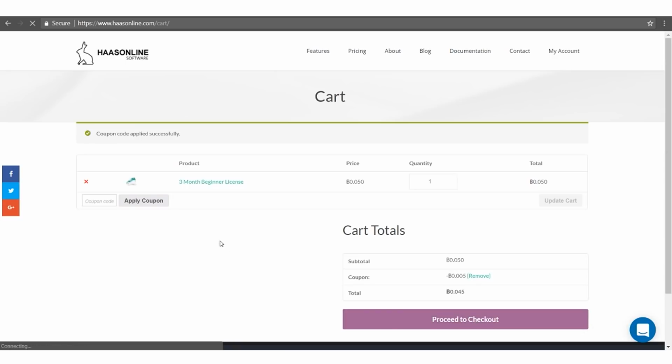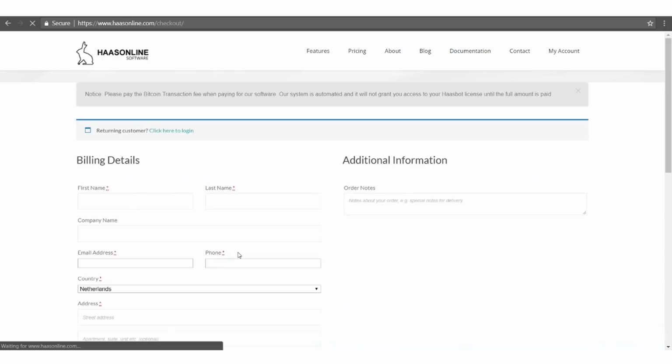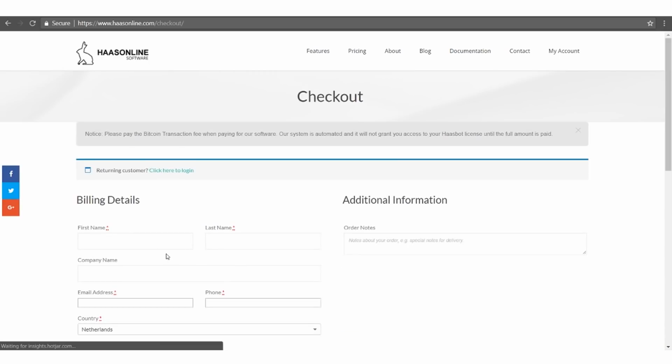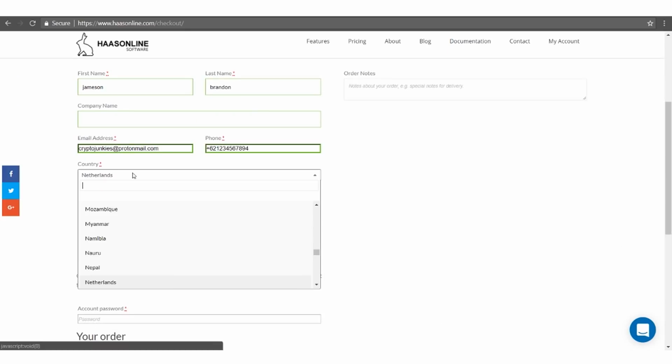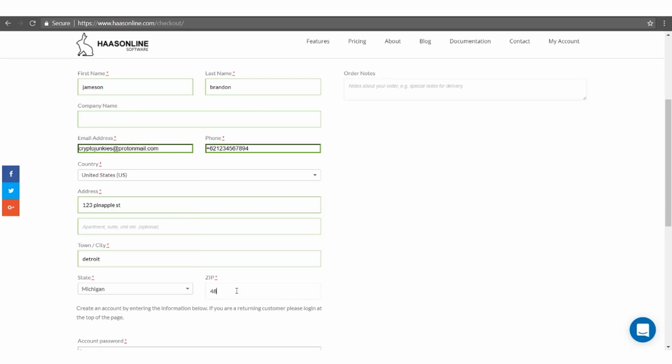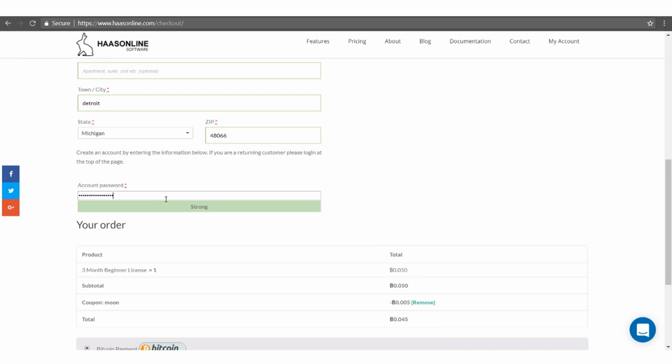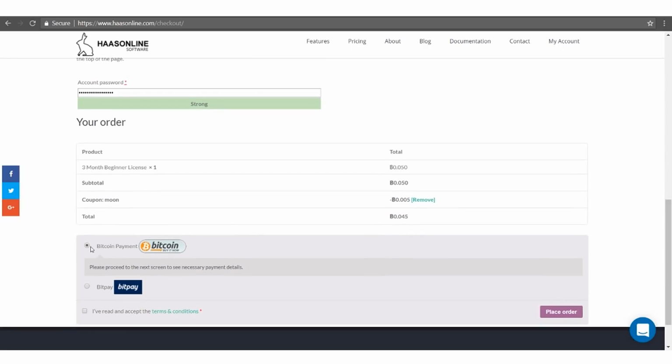Now, when we're ready, we click on this purplish proceed to checkout button and we're redirected to where we have to put in our billing details. So let me just go ahead and do that. We scroll down to the bottom and we have two payment options, a Bitcoin payment, or we can pay with our BitPay account. We check the box that says I've read and accept the terms and conditions, and finally place the order.